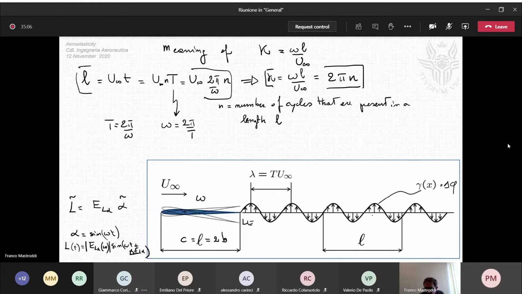Okay, so in this figure here, you have one cycle here.